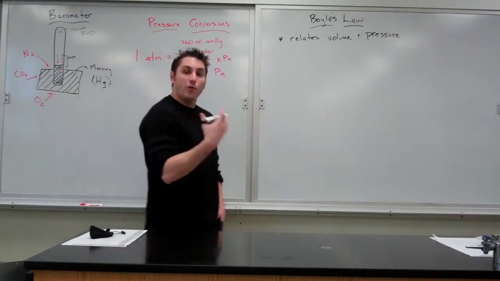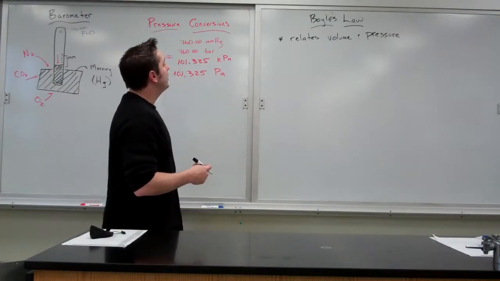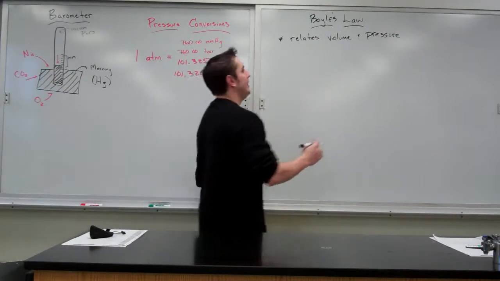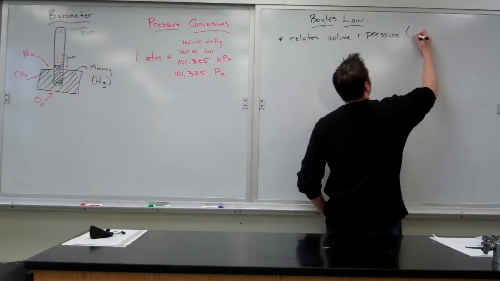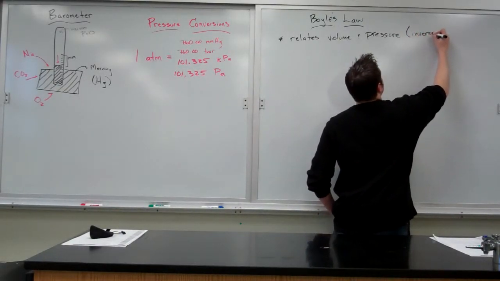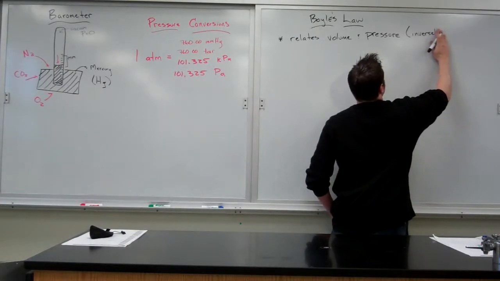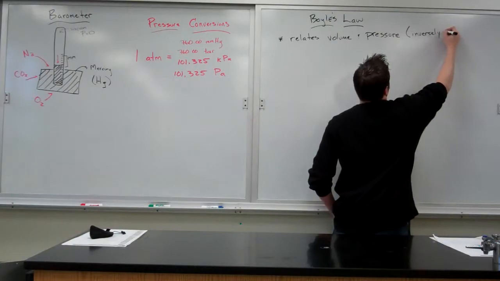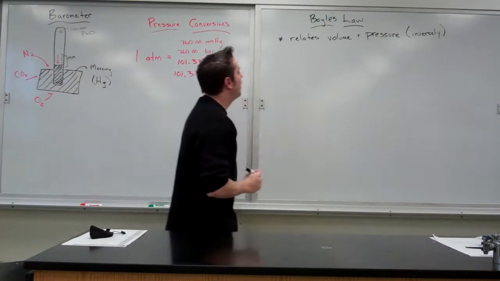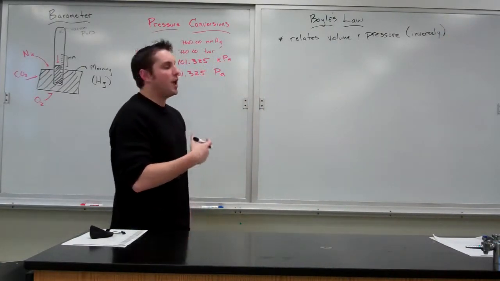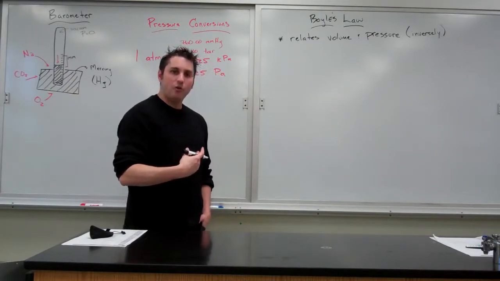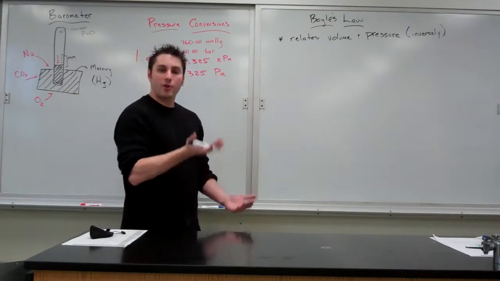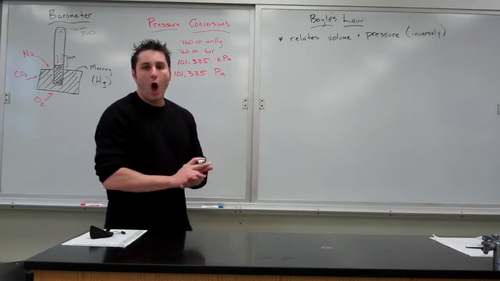What they found, and hopefully what you found as we went through, is that these 2 things are related inversely. What that means is that as one goes up, the other goes down, or as one goes down, the other goes up. They always work opposite of each other.